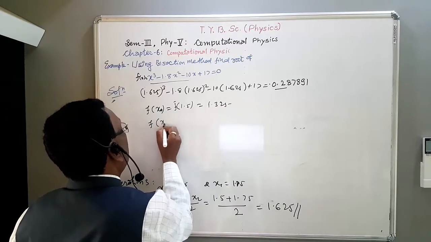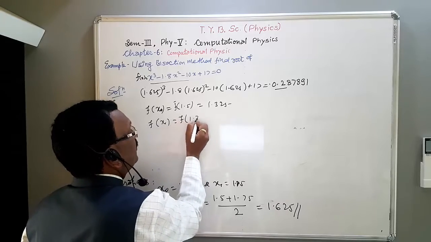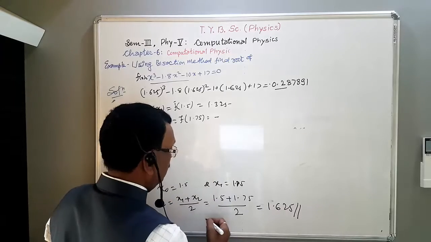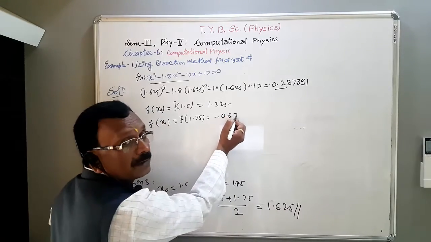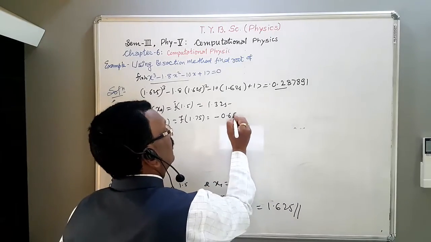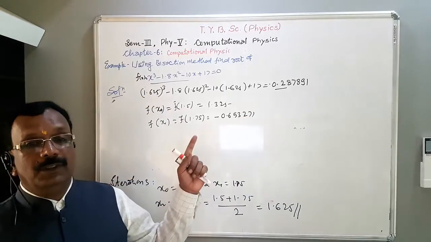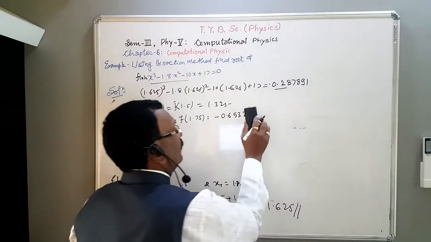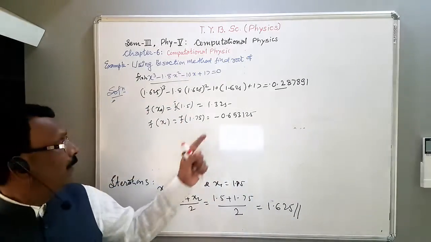And f of x1, that means when you substitute the value of f of 1.75, then you will get the result minus 0.653125.